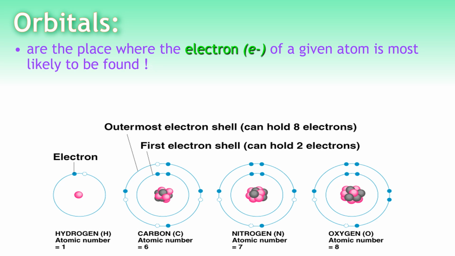Remember the description we had in the pictures where we talk about an electron cloud, where you don't actually see where the electron is precisely at any given moment. It kind of looks like it's everywhere at once inside that shell. But all we're saying is it's just the place where they're most likely to be found.